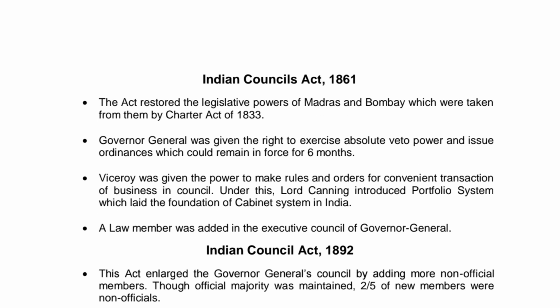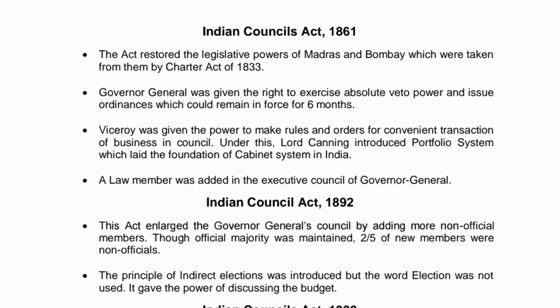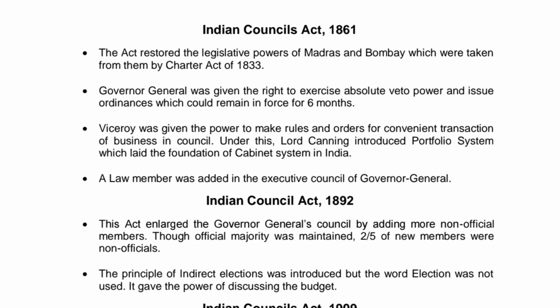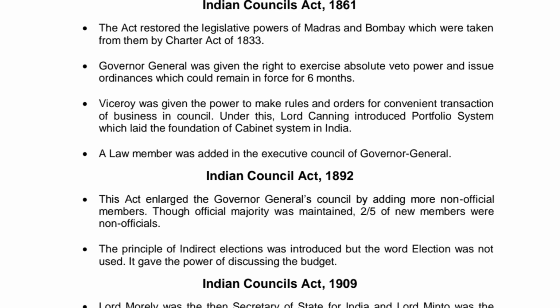Next point is the Indian Councils Act, 1861. The act restored the legislative powers of Madras and Bombay, which were taken from them by the Charter Act of 1833. The Governor General was given the right to exercise absolute veto power and issue ordinances, which could remain in force for 6 months.